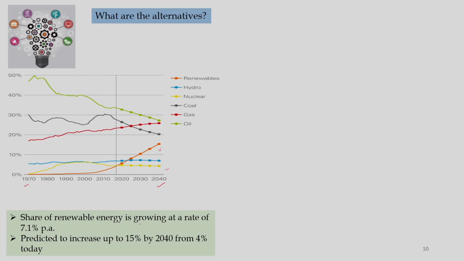So, the share of renewable energy is growing at a rate of 7.1% per annum. It is predicted to increase up to 15% by 2040 from 4% today.